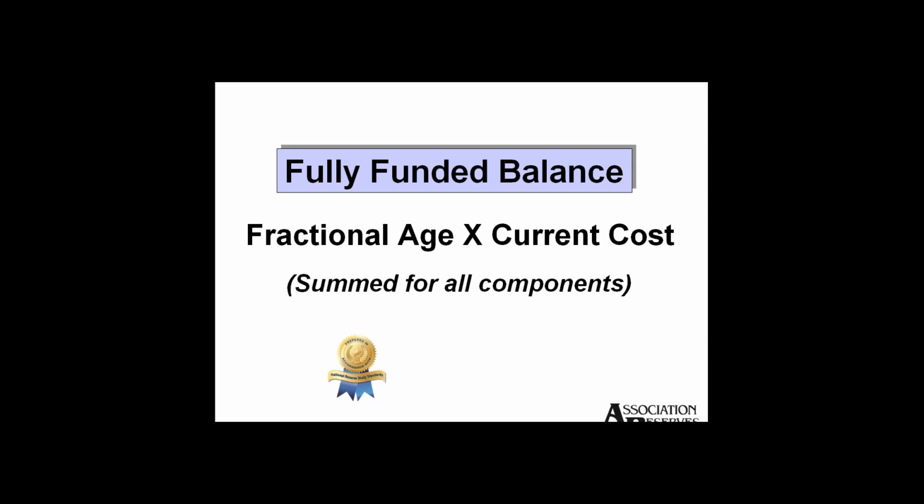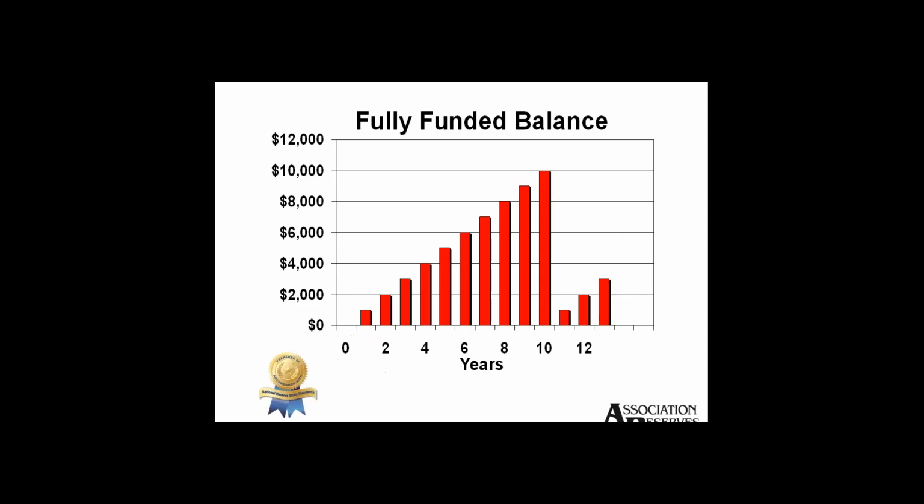Mathematically, the National Reserve Study standard term for this is called the fully funded balance, and it's simply the fractional age of the component times its current cost. We do this little calculation for each component and sum up the total for the association. The fully funded balance looks like this through the years for that pool resurface project.